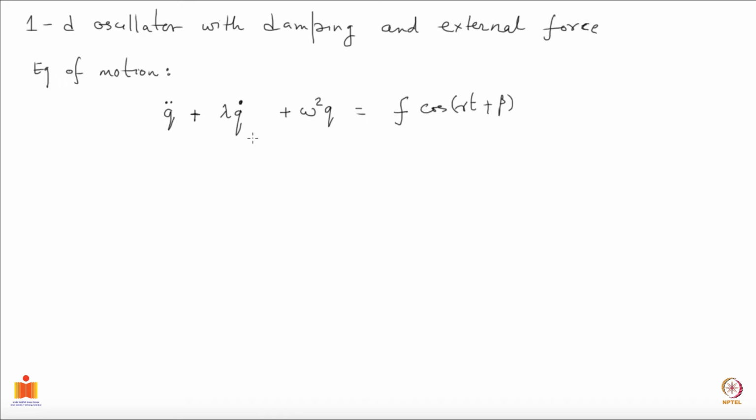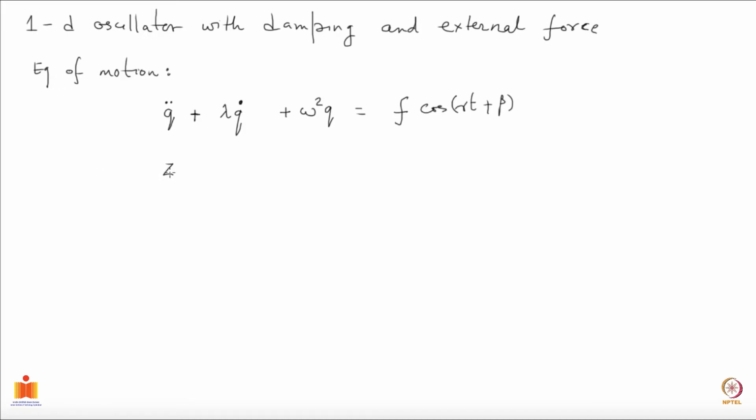Now our experience with the case of the damped oscillator, when we looked at this with the right hand side being 0, with that experience we can immediately see that we should look at the associated complex equation. So instead let's look at the following equation.